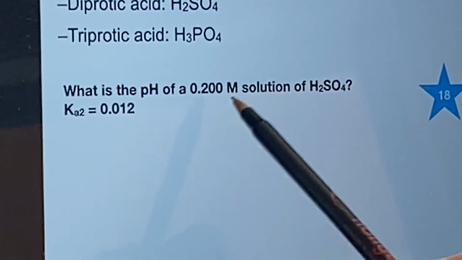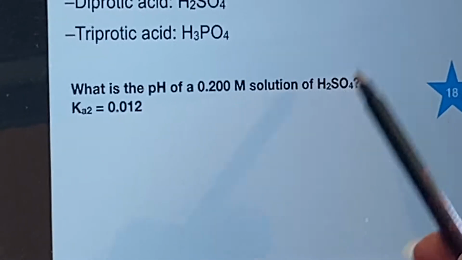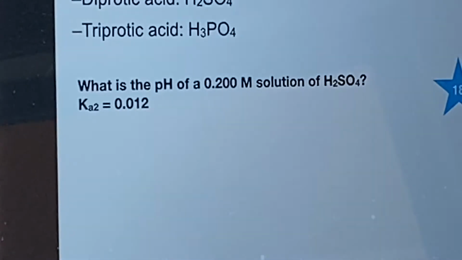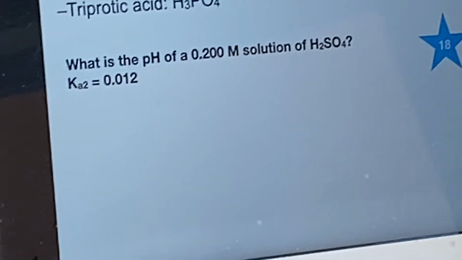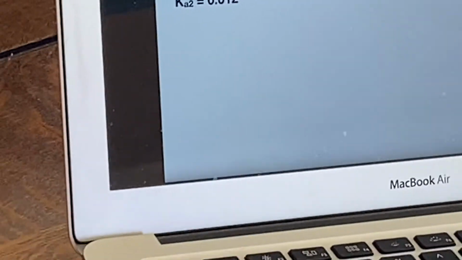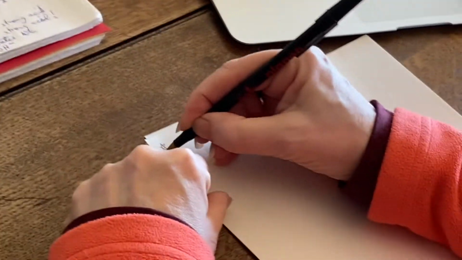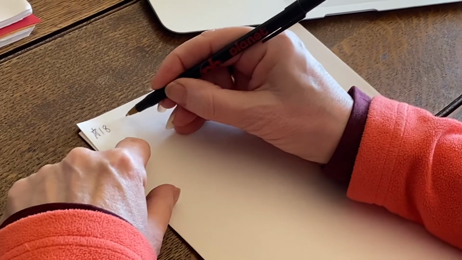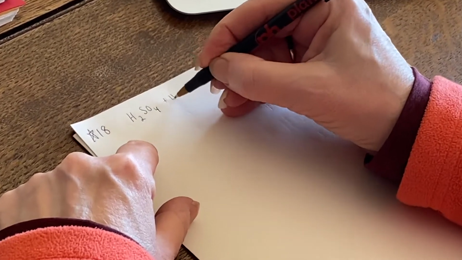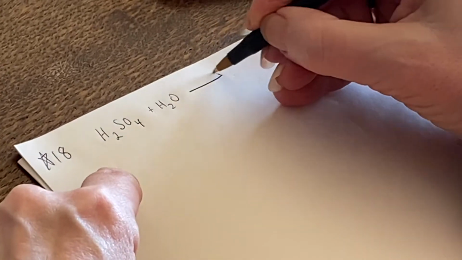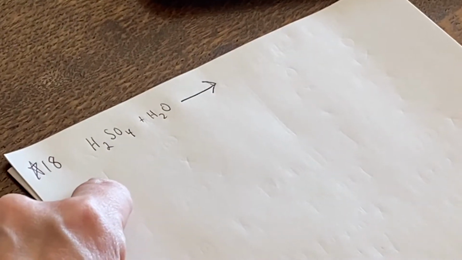I can assume that since that is a strong acid, the first one comes completely off. The second one, not so much. So for this, I am going to say that at first, what happens is a one-way trip, because it's a strong acid.